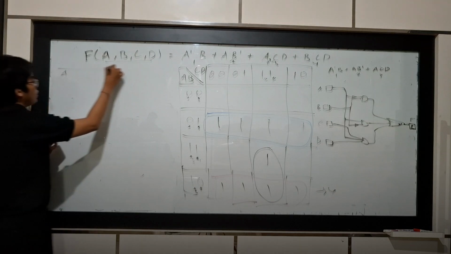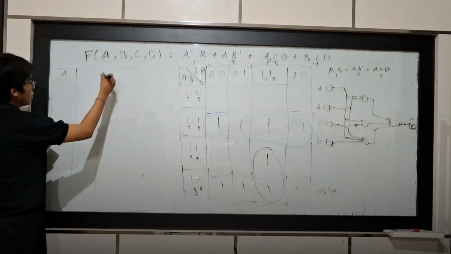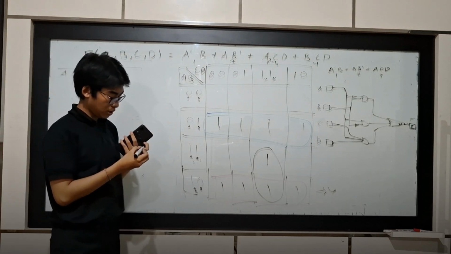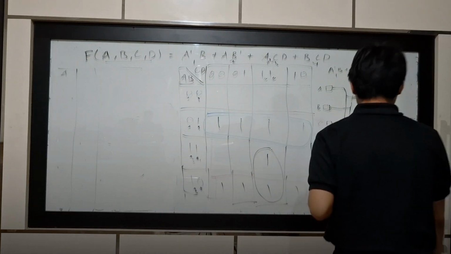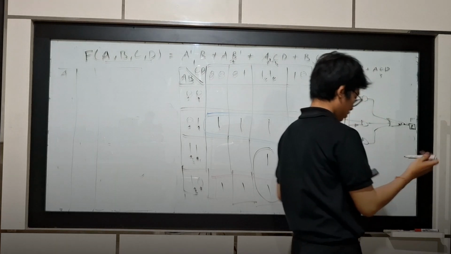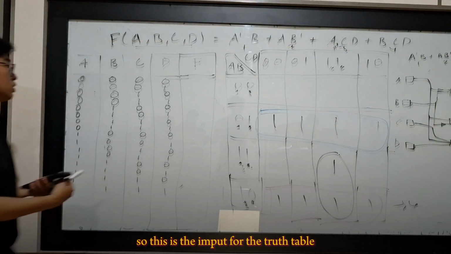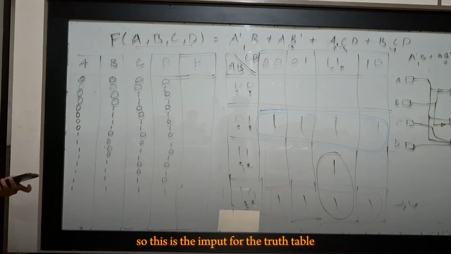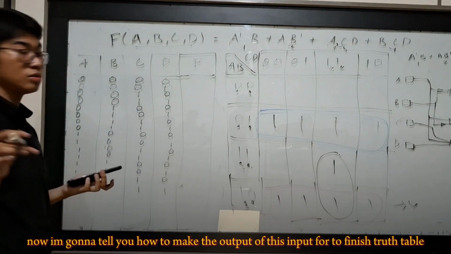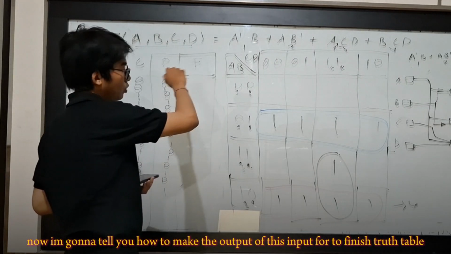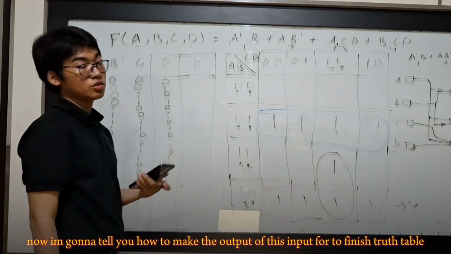Okay. Now I'm gonna write how to make the truth table, but maybe I'm gonna change this. So this is the input for the truth table. Now I'm gonna tell you how to make the output of this input, or how to finish the truth table.